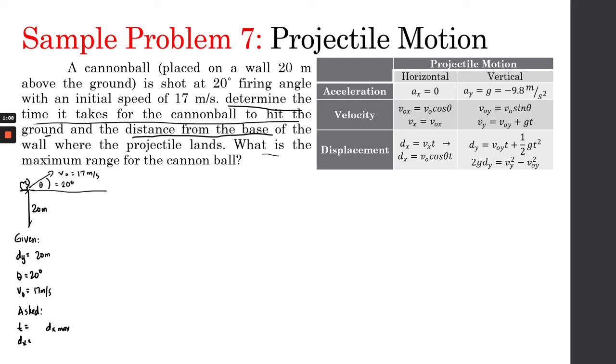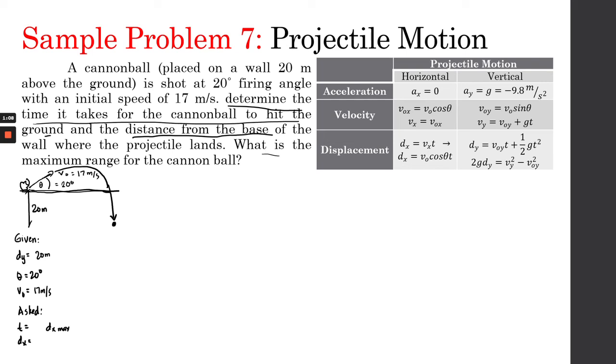Okay, so how are we going to solve this? Understand that when we release the projectile and it reaches the ground, it lands not on the same plane as the cannonball. It landed below the cannonball.